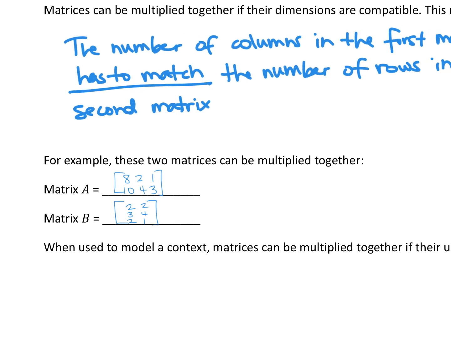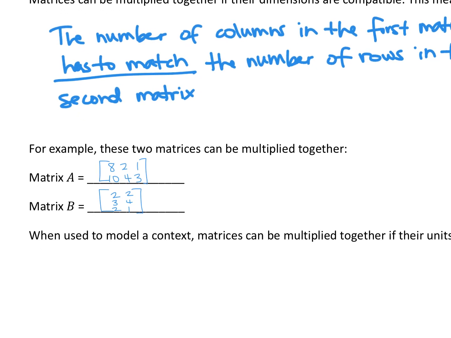Okay. One more comment about compatibility of matrices. When used to model a context, matrices can be multiplied together if their units are compatible. So that's also really important. This is what that means.